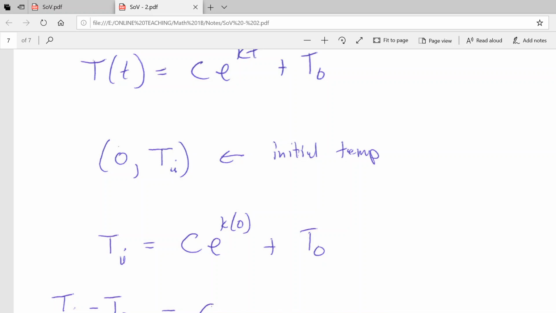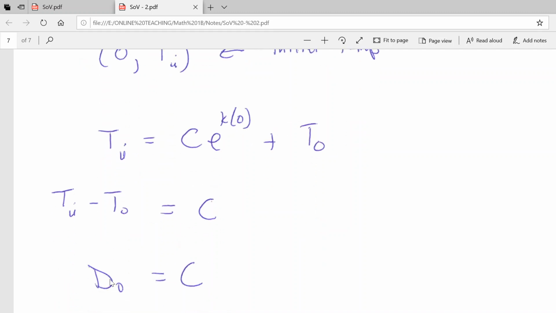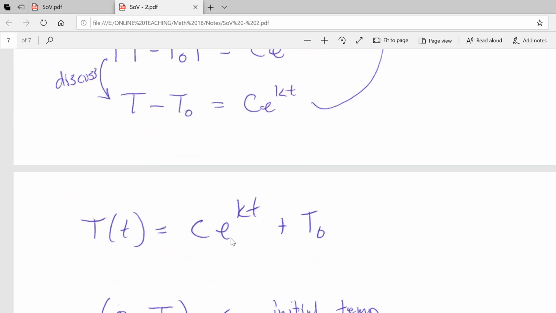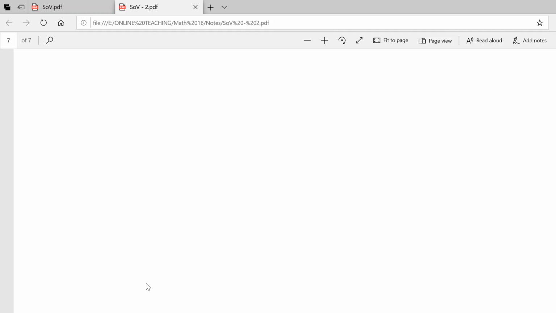And the initial temp minus the surrounding environment is the initial temperature difference. And so C is that initial temperature difference. And if you took Math 20, the formula is actually D naught e to the kt plus Ts. And so that's what I was showing you here. That C is always the initial temperature difference.